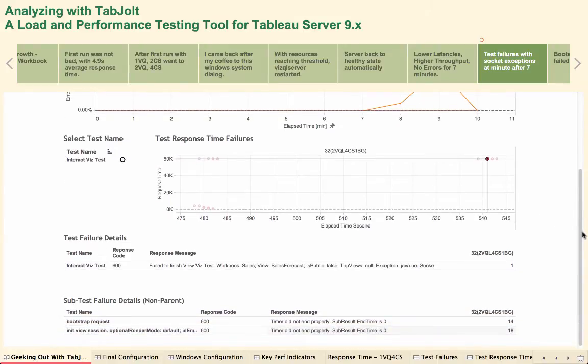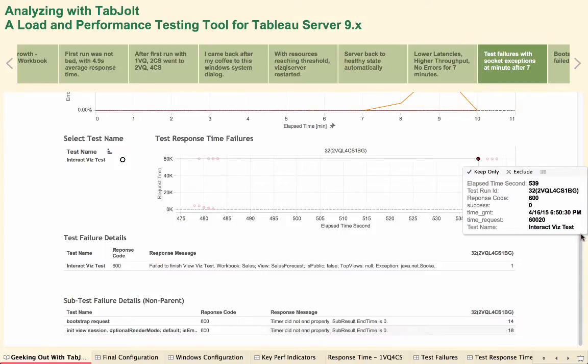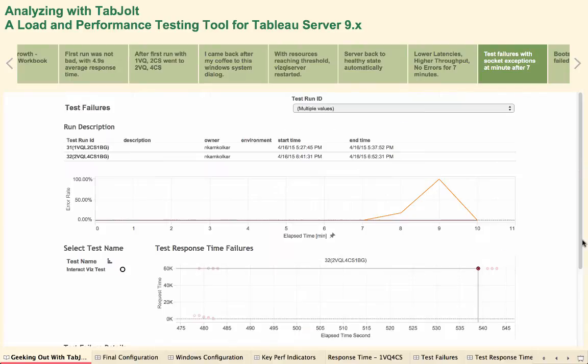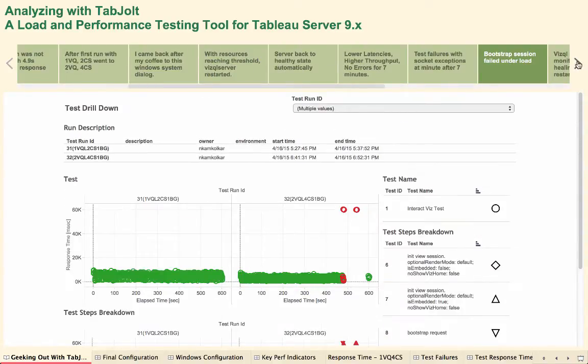As I select these events, I can go down at the bottom, look at the specific test failure details. And here I see that there was a socket timeout exception, read timed out. Well, that's not a surprise given SQL Server went through a restart. So that's expected. But I wanted to learn more and find out a little bit more about this.